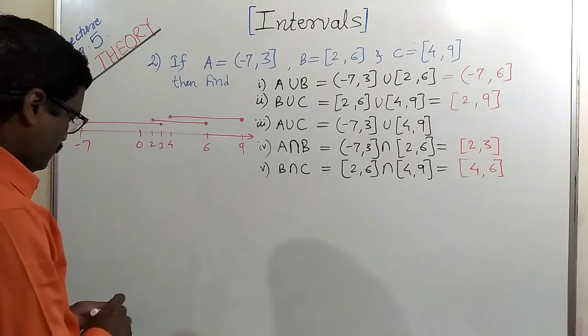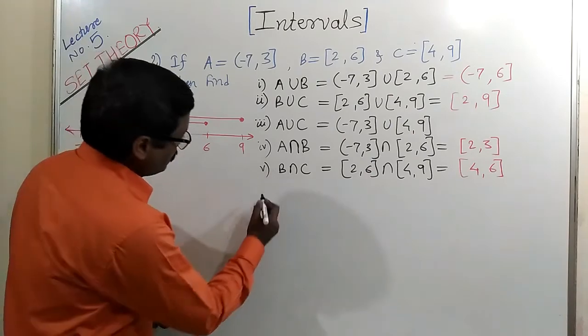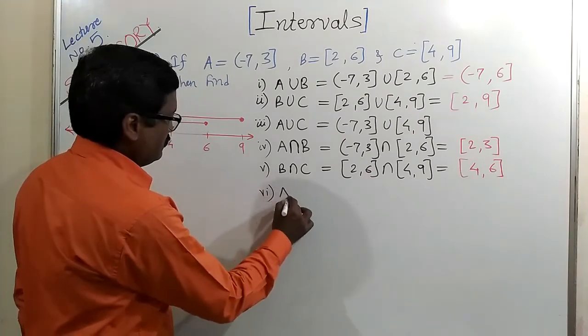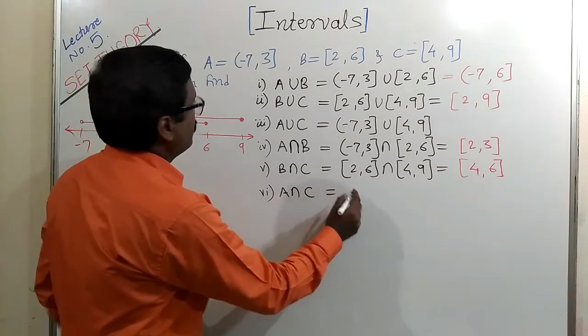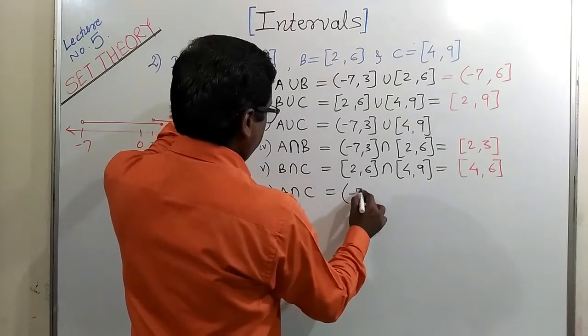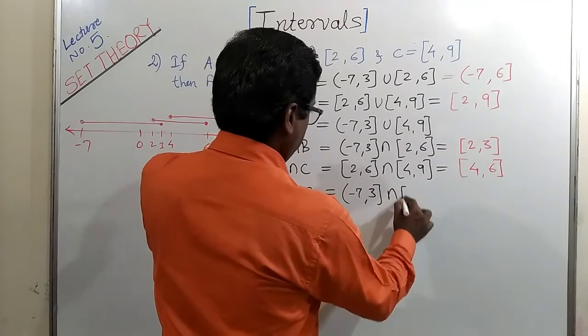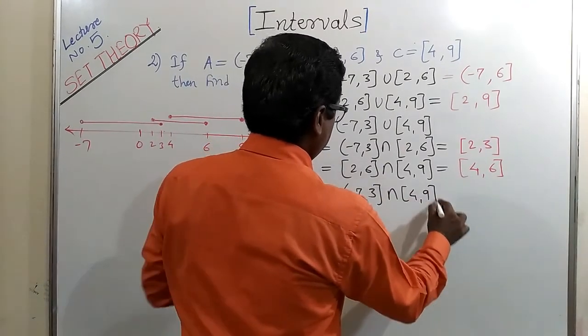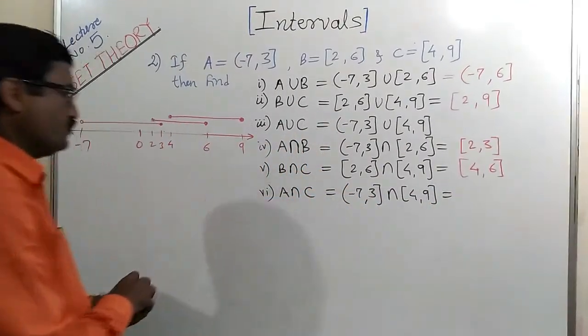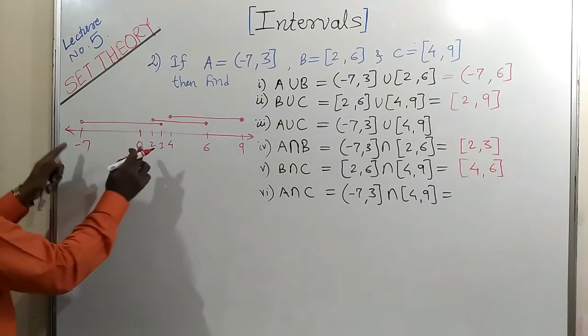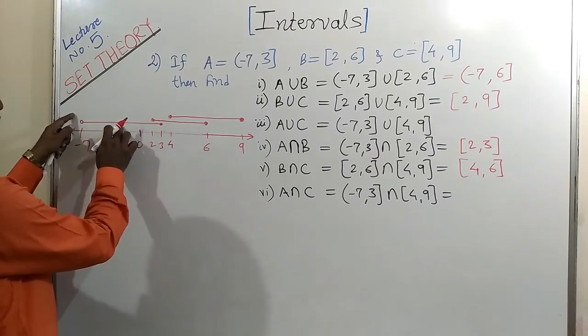Then next, subquestion number 6. A is open minus 7, close 3, intersection C is 4 to 9. If you have these two segments or intervals here, minus 7 to 3 is this interval.